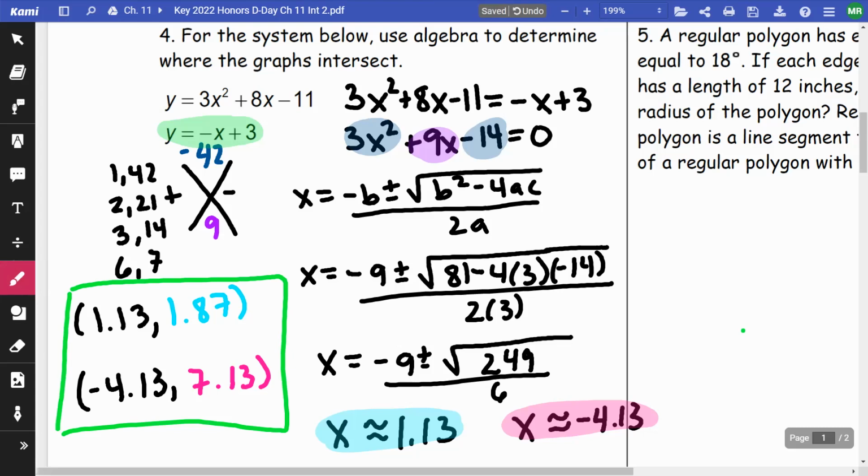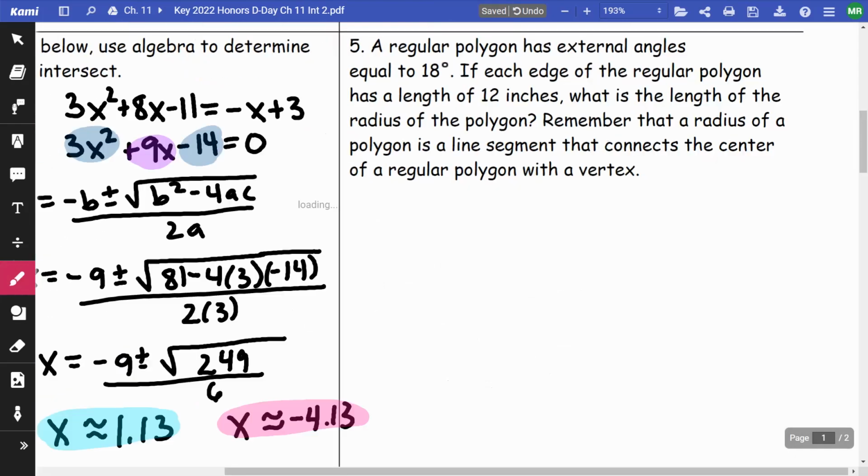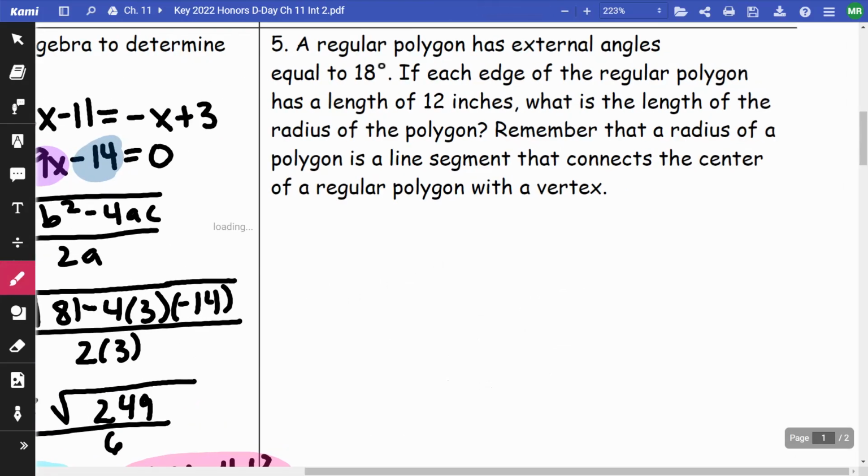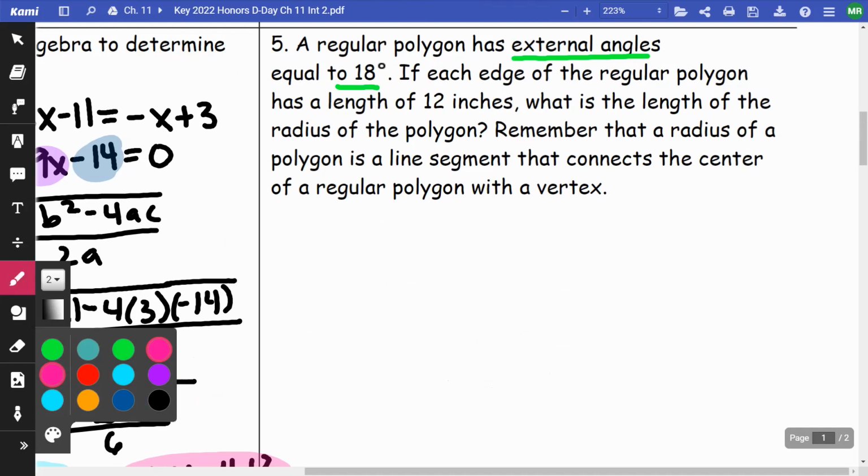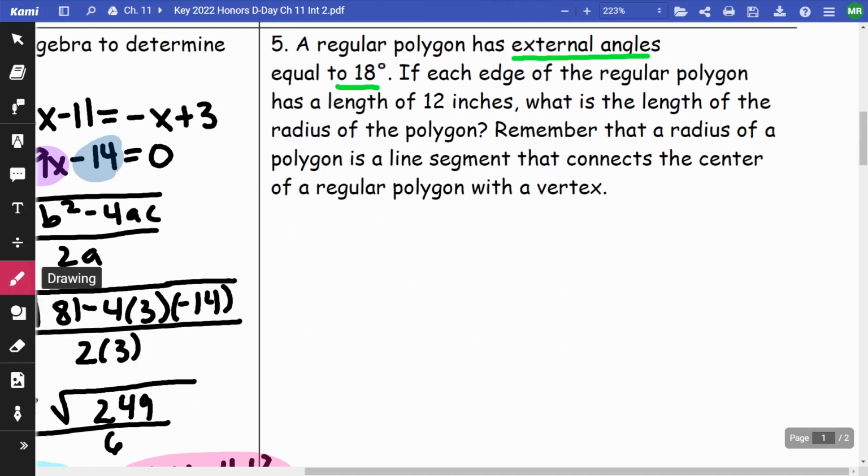On number 5. For this one, we have a regular polygon with an exterior angle, okay, external angle, that is 18 degrees. If I have that being 18 degrees, I know that the exterior angles of any polygon add up to 360 degrees.